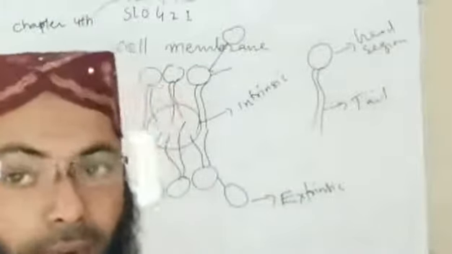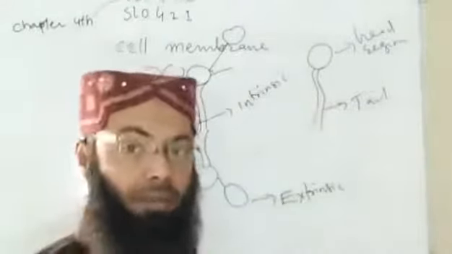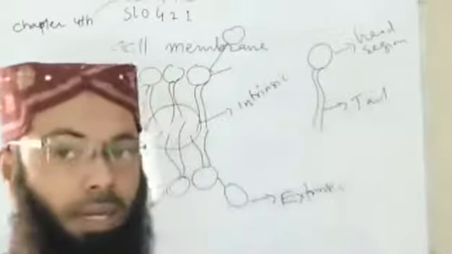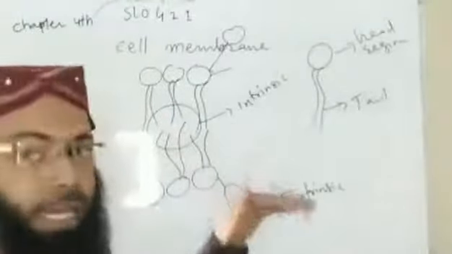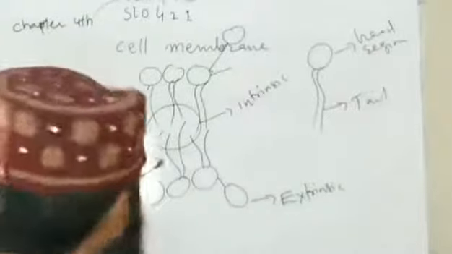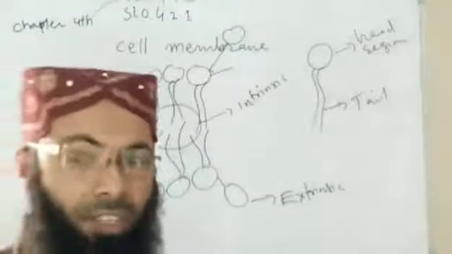From the head region, water can easily cross. It is water loving, and the tail region is water fearing because it is hydrophobic. Water cannot cross from the tail region. So it is elastic in nature, and also rigid.